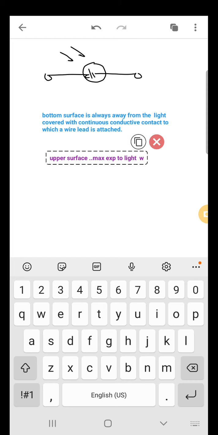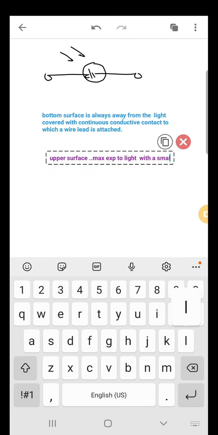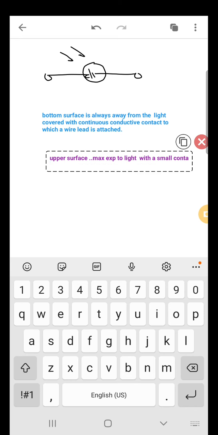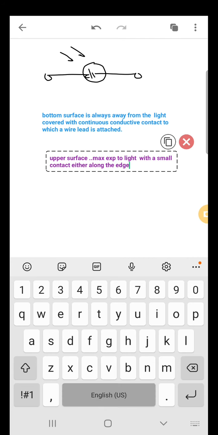So it requires a comparatively smaller contact, either along the edge or around.